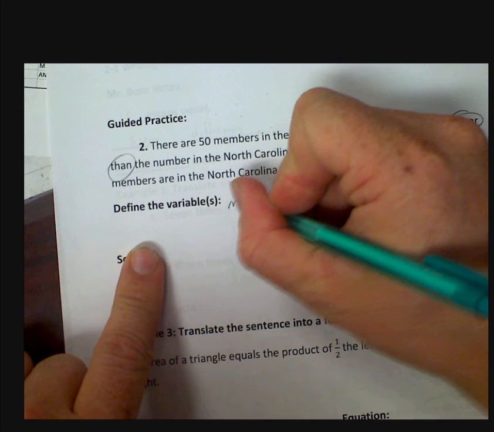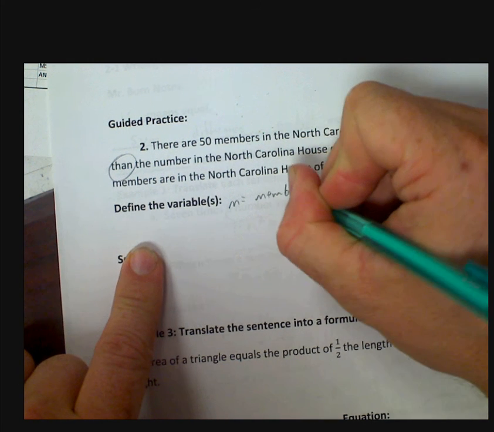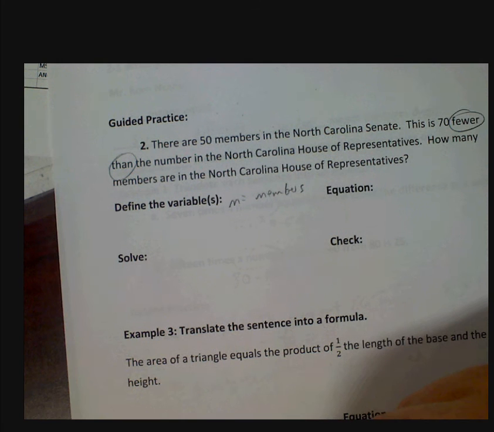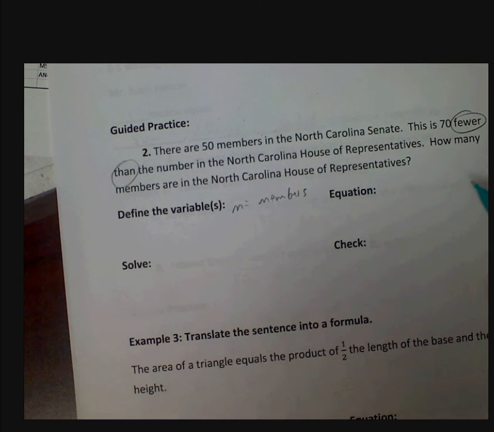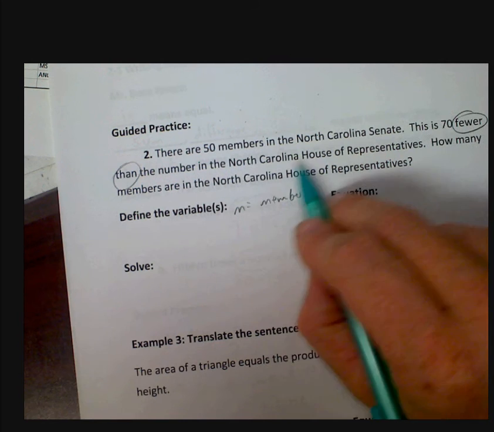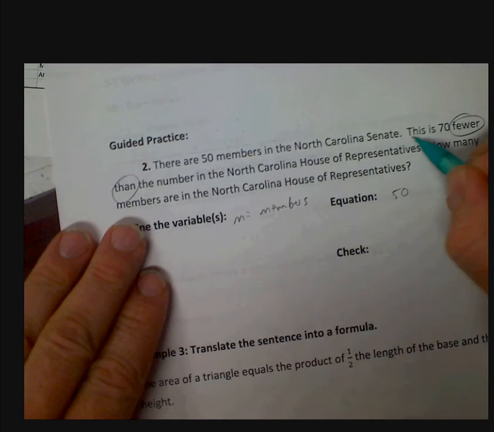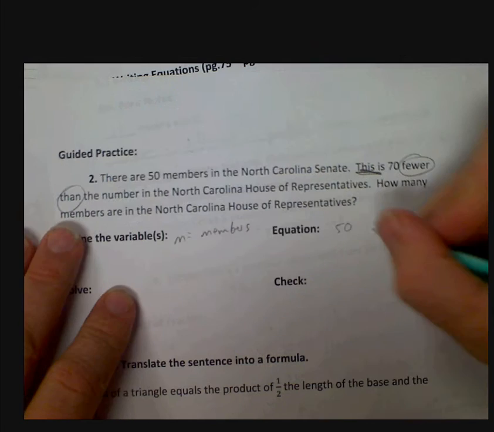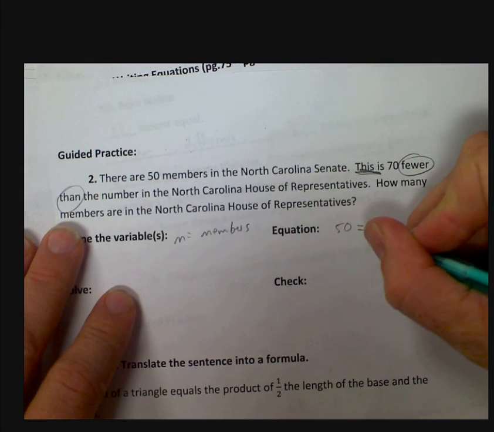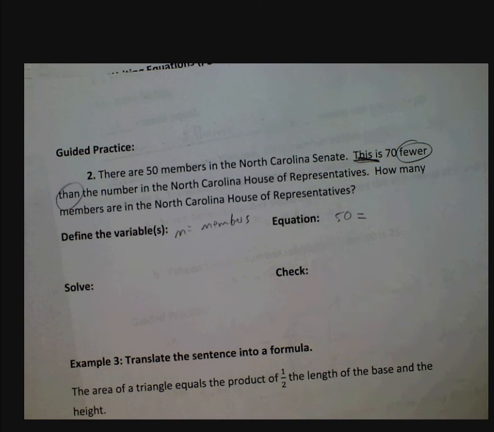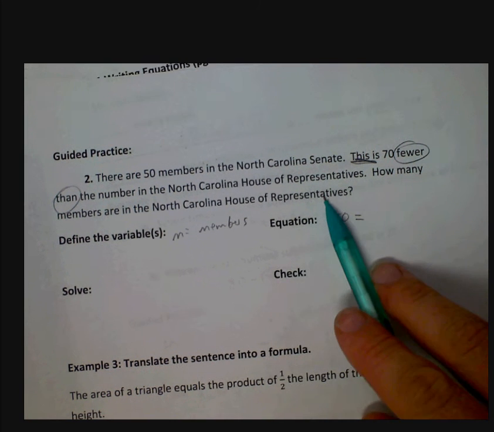So I'm going to let M stand for members. There are 50 members in North Carolina, and it says this is. This is means equals. 50 is. This is 70 fewer than the House of Representatives.